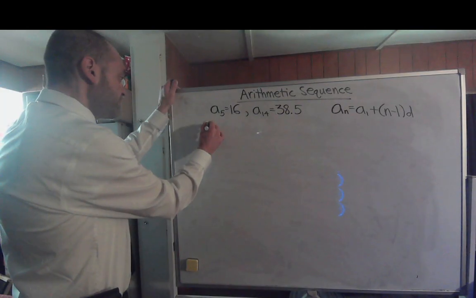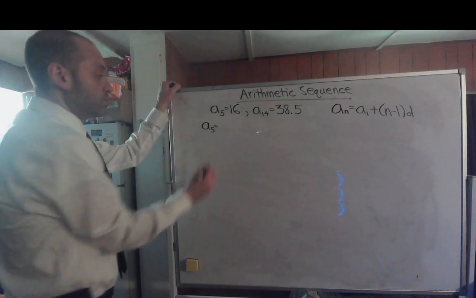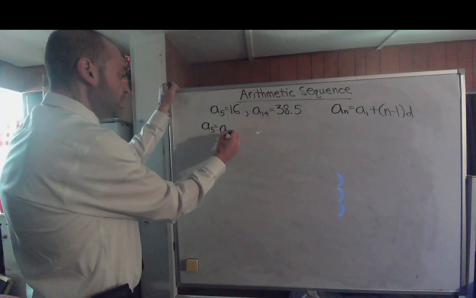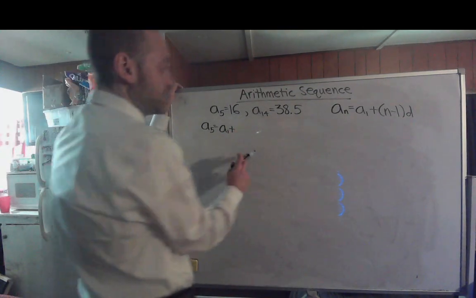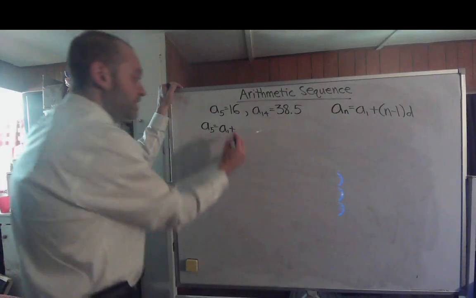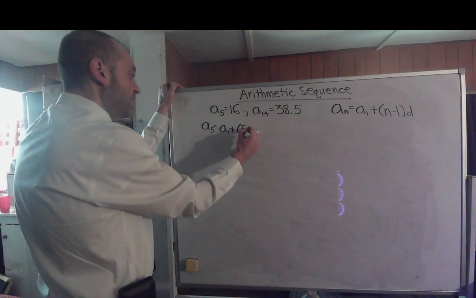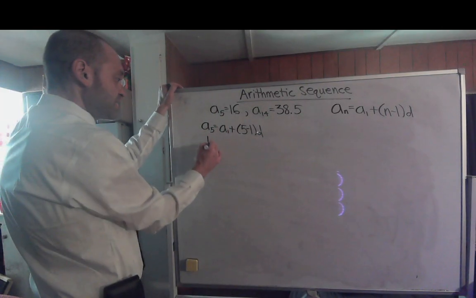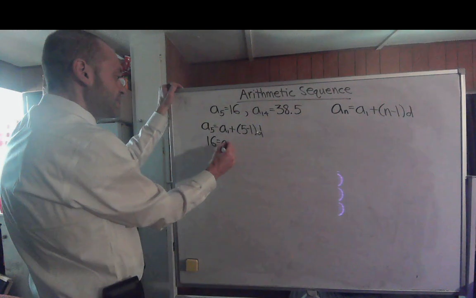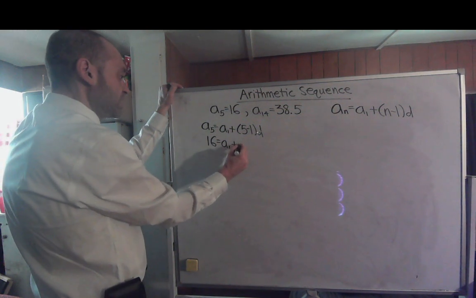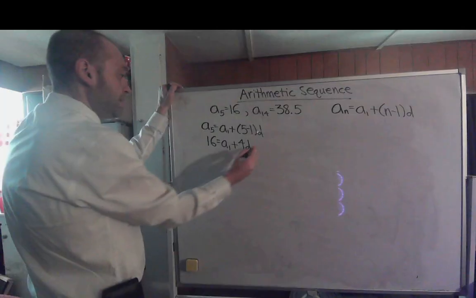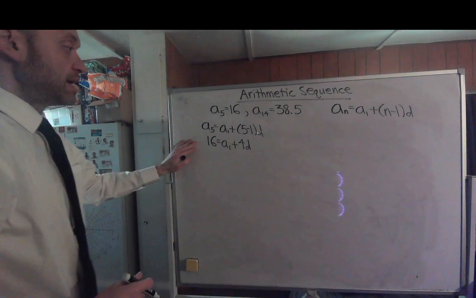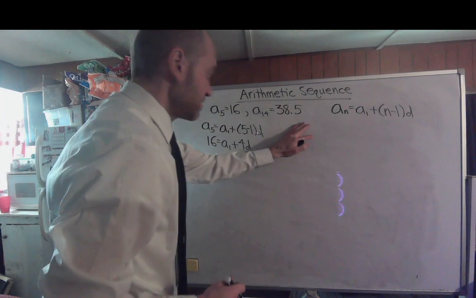So, a sub 5 is going to equal our a sub 1 plus, since we're dealing with the fifth term, put in 5 for n, so that'd be 5 minus 1 times d. Our fifth term is 16, so that equals a sub 1 plus 4d. Now let's deal with the 14th term.